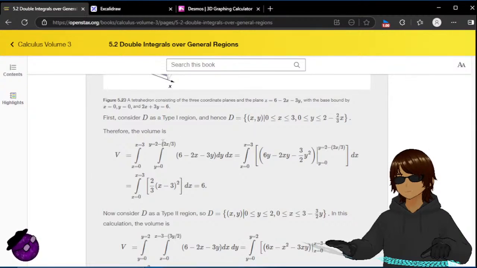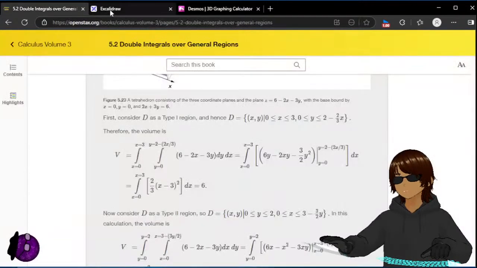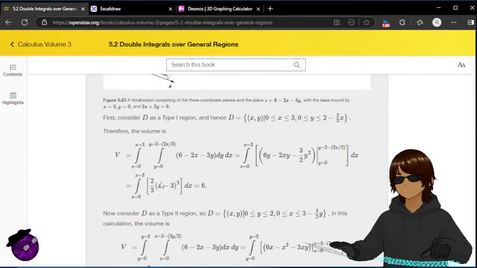So we have this region. We integrate this, we get this. And then, oh yeah, I was heading in the right direction. But simplifying this is the issue. How did they simplify it like this?